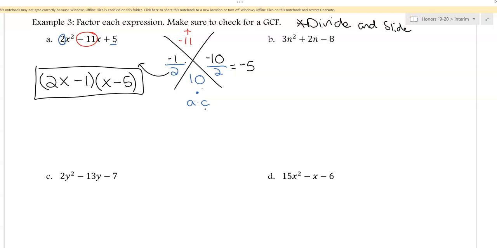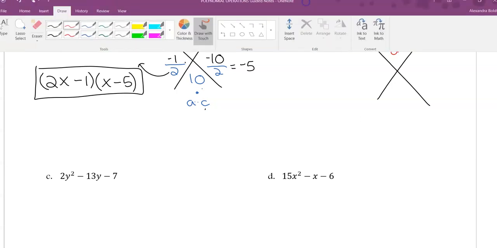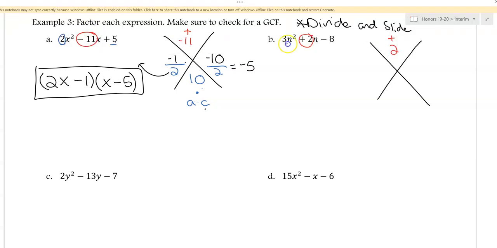Let's look at B. So we have 3n squared plus 2n minus 8. Again, we have what we are adding to, 2. And we have what we are multiplying to, right, with 3 times 8, which is -24.